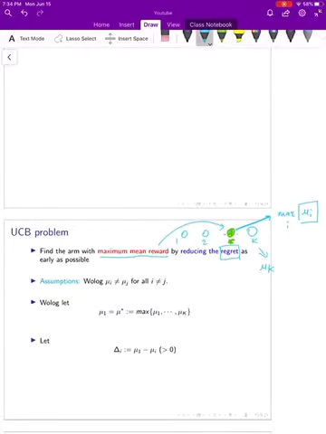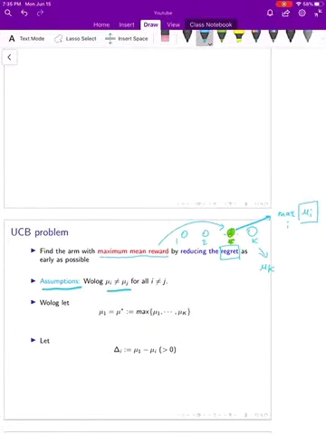So a few assumptions in this problem. We can assume every arm has a different mean reward.